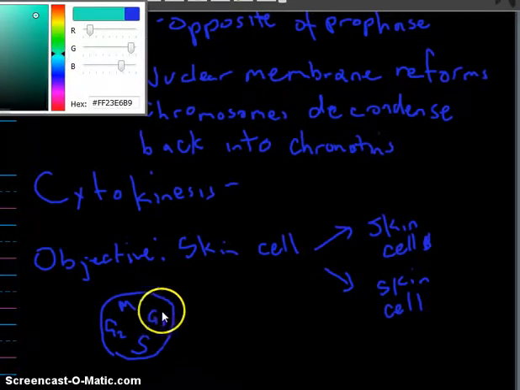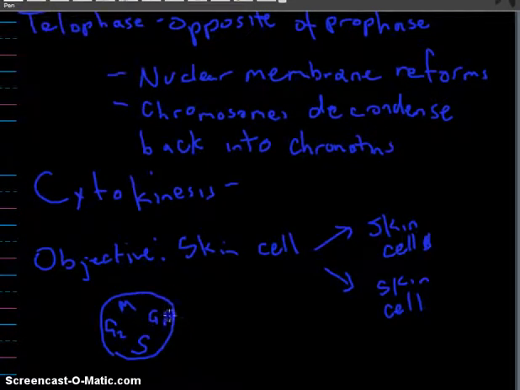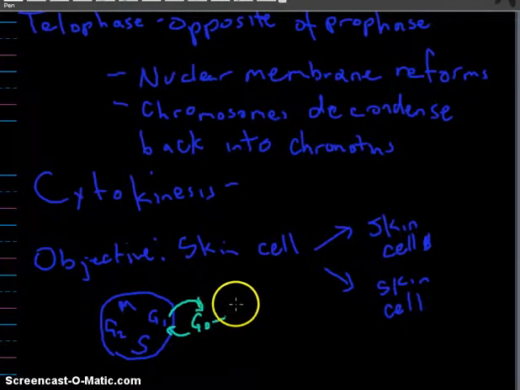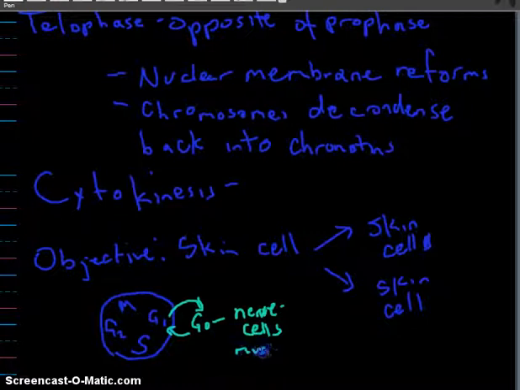Something I wanted to mention about G1. Some cells hang out at an offshoot called G0, where they just don't continue to divide because they're so specialized. And those cells are nerve cells and muscle cells.